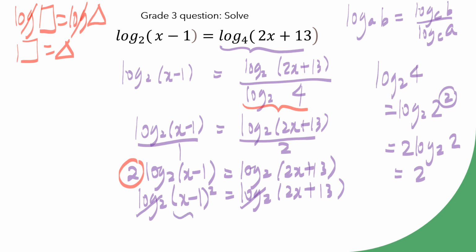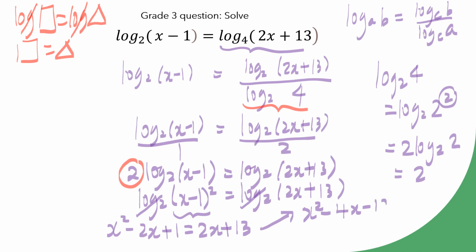And then we can just expand this, simplify it to get a quadratic equation, and factorize it. And you get x equals to 6 or x equals to -2.